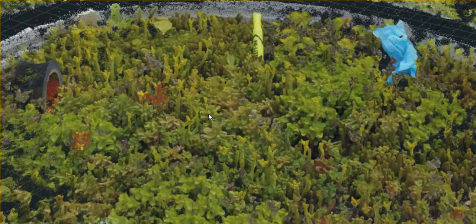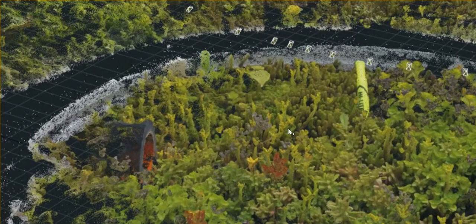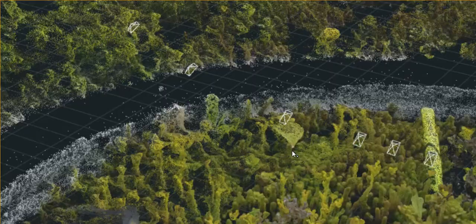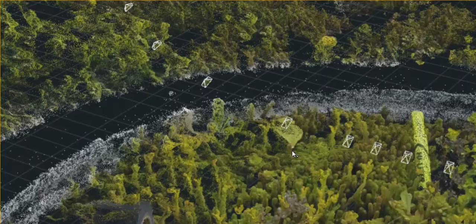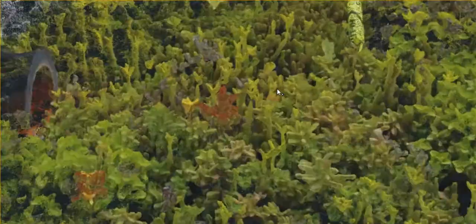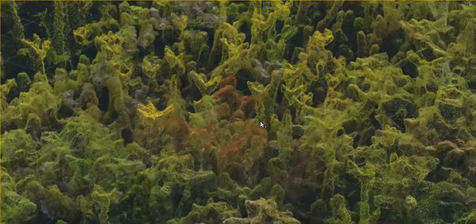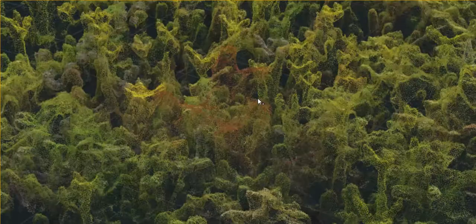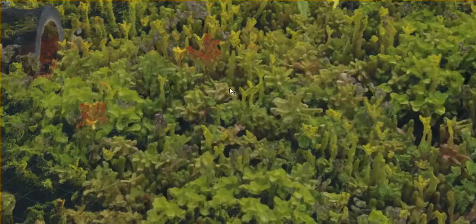If you're not sure what I mean by that, let's take a look at this leaf here. This is a more recognizable leaf, and you can see that it's just a lot of points. But I have not actually made the wireframe which would connect up these points and calculate anything about the volume or the structure of this vegetation.